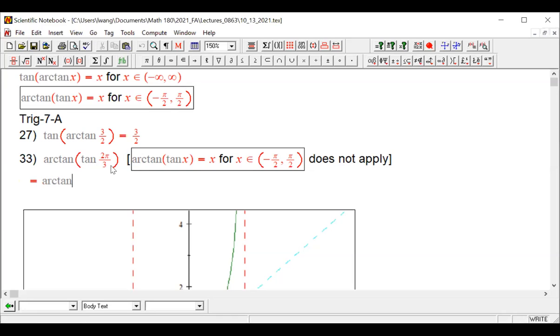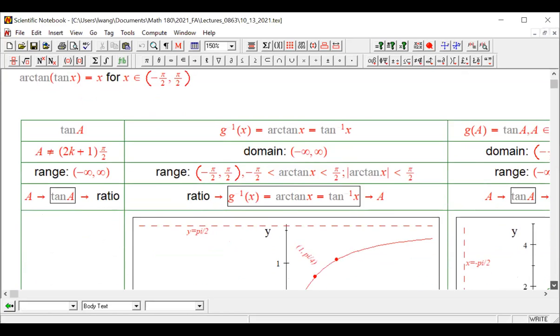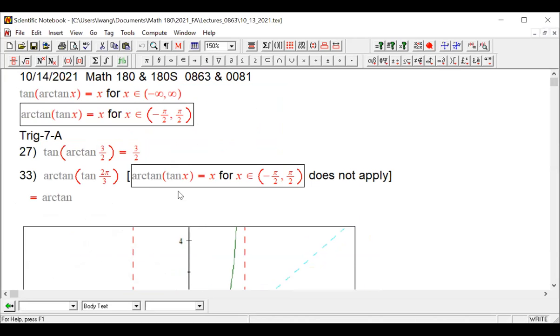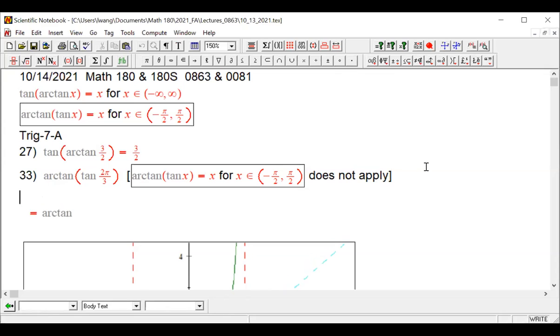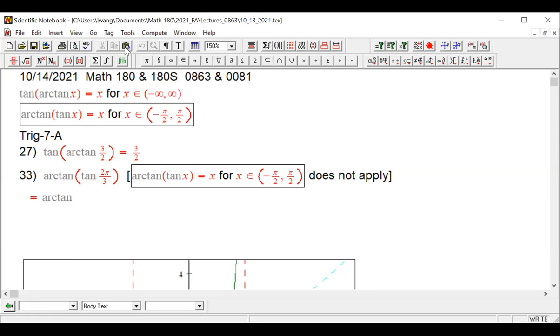So what is tangent of 2 pi over 3? You can use a unit circle, or whatever tool you have at your disposal. Of course, the most convenient one is this one, but it's up to you. You can use the definition as well.